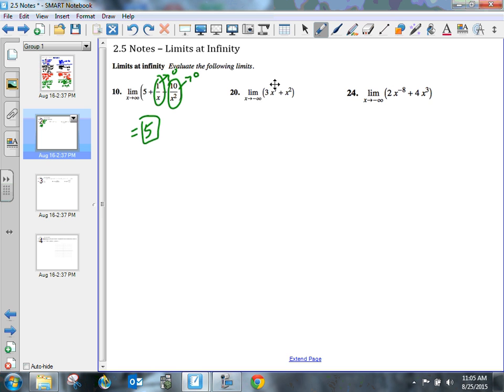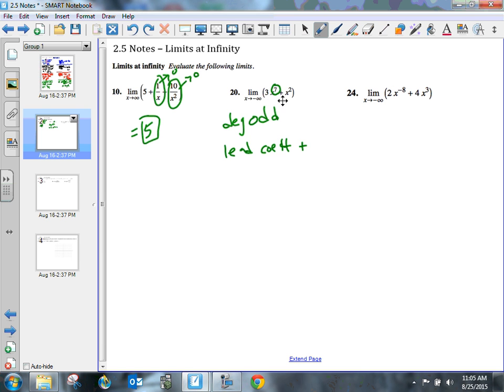What's going to happen here is that these numbers get really negative, even though you're adding plus x squared. I'm really looking at my degree and my leading coefficient. So my degree is odd, and my leading coefficient is positive.